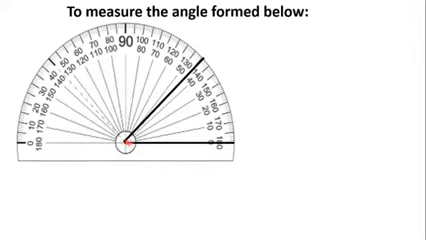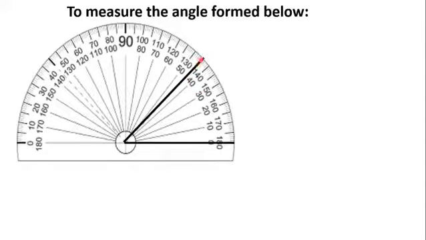And then if you look at the inner scale of this protractor, you'd see that the line of 0 on your protractor is directly on one of the sides of the lines that forms the angle. This is really very important. And then I'm going to read at the other spot where it crosses the scale.